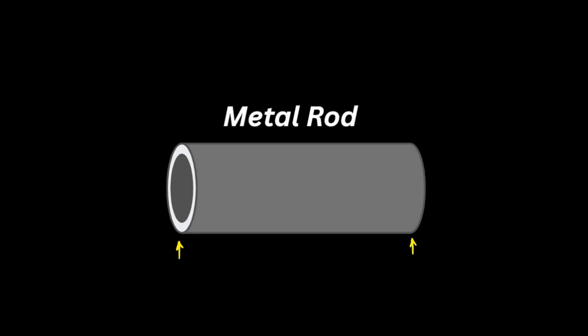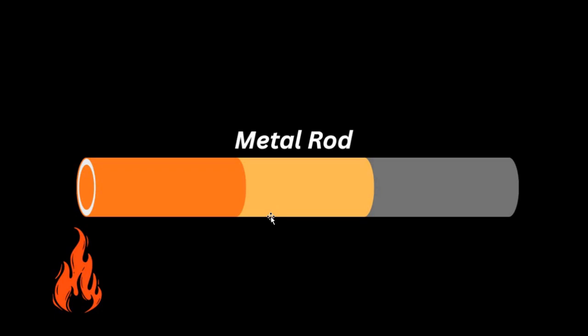Now here there is an interesting thing: the temperature of each section of the rod is not uniform. The temperature of each section of the rod is not the same.